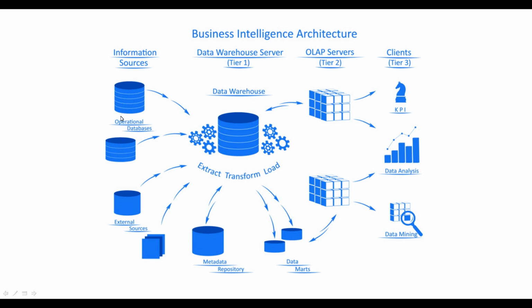So for our various business areas, for example, having their own discrete databases, and where we extract, transform and load into a centralized data warehouse, and where various OLAP servers and cubes operate over the data in the data warehouse to be consumed by clients using business analytics tools or business intelligence tools.